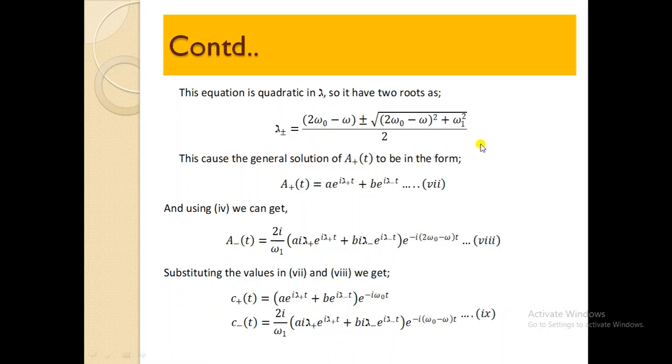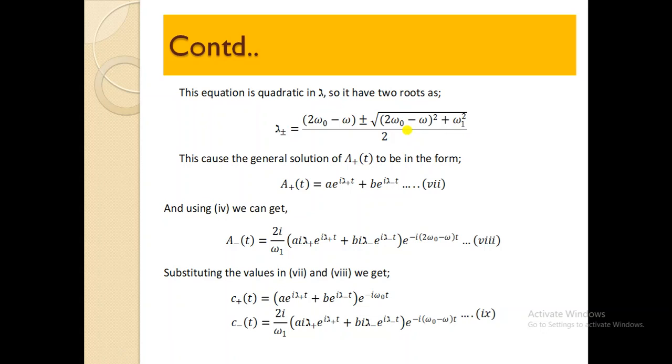While multiplying, a minus b, a plus b means a square minus b square. On doing that, we get this (2 omega naught minus omega) square, and another (2 omega naught minus omega) square with a different sign, so they both cancel, and minus omega 1 square will remain from the numerator, and downside there will remain 4 in lambda plus lambda minus. So I have written omega 1 square upon 2.